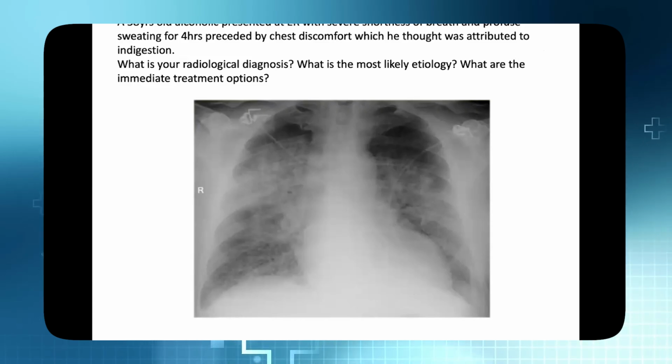Acute coronary syndrome and pulmonary edema occurring because of it, fluid overload. Application of NIV, give diuretics, give oxygen support. So it is a pulmonary edema. Anything else?